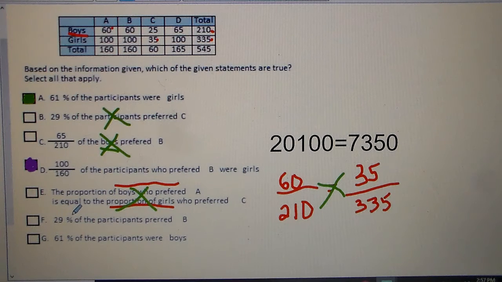For F, we have 29% of the participants preferred B. So of the entire group of participants, 29% of them preferred B. We circled B, which is 160, divided by 545.